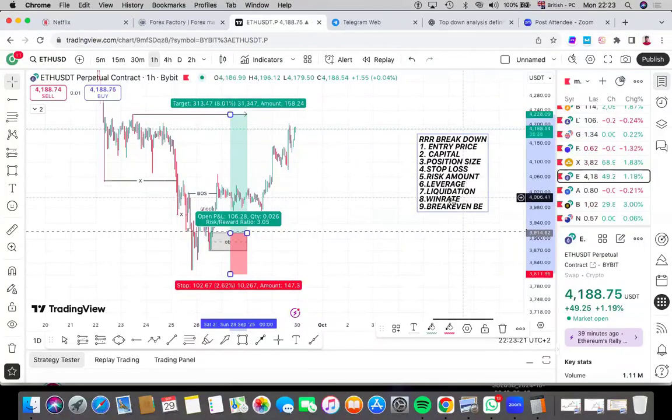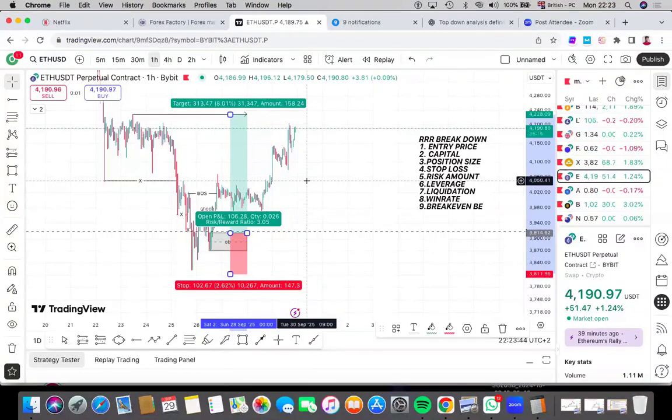We have the way we calculate, and the simple example I gave you was that if you trade 10 times and you lost 3 times, your win rate will be around 70%. But if the case is the opposite, your win rate is 50-50. That means you are losing 50 times, but you are also winning 50 times.